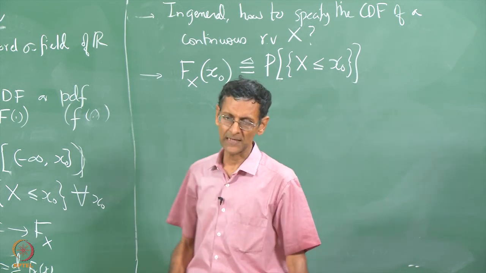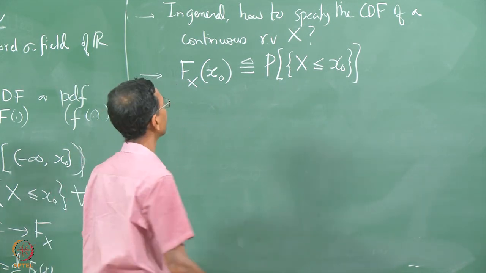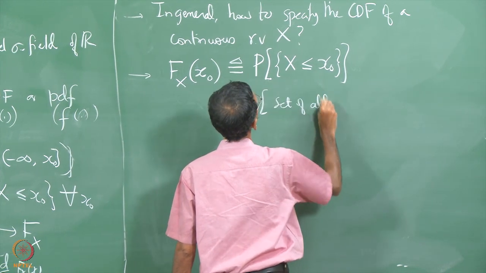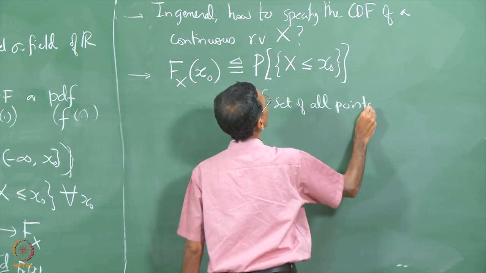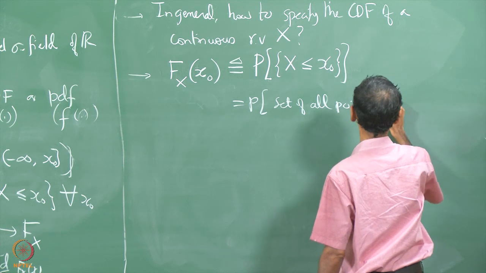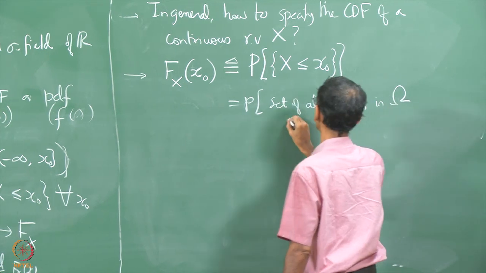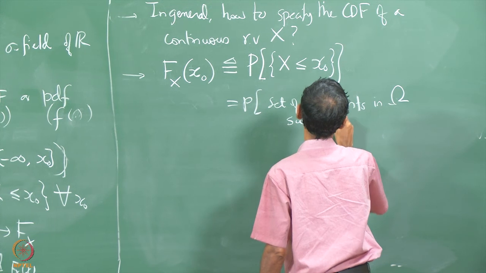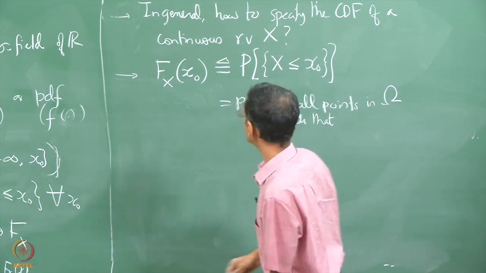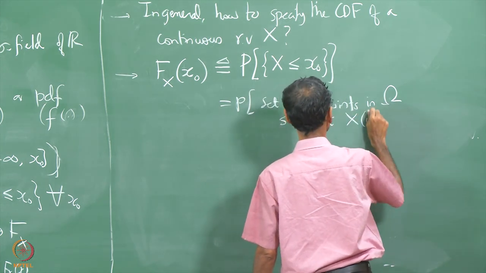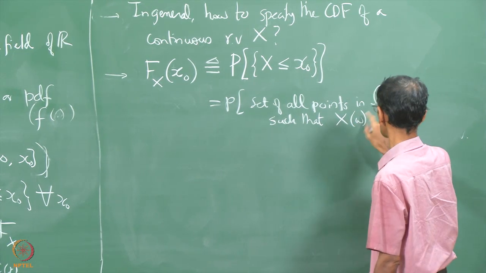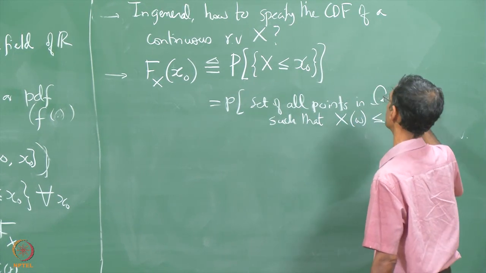So, this is nothing but the probability of the set of all points omega in the general sample space omega such that X of omega, capital X of small omega, there is a mapping or a measurement on small omega, is no bigger than x naught.